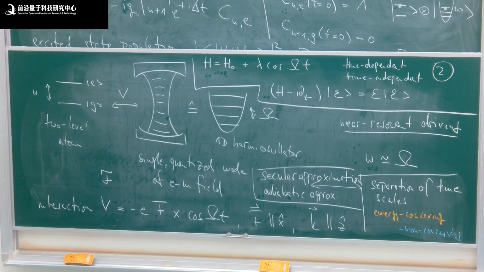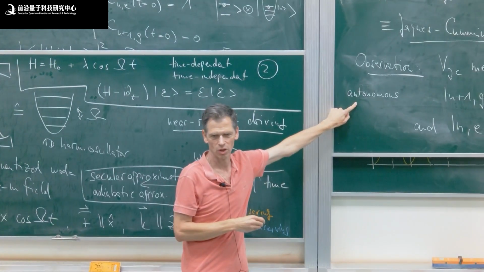Please tell me, do you understand which question I'm asking? Because in quantum mechanics often you have autonomous problems. What does autonomous mean?